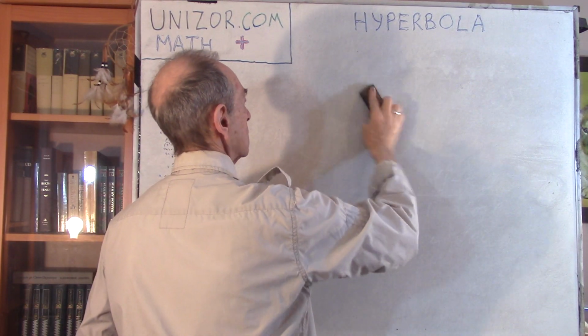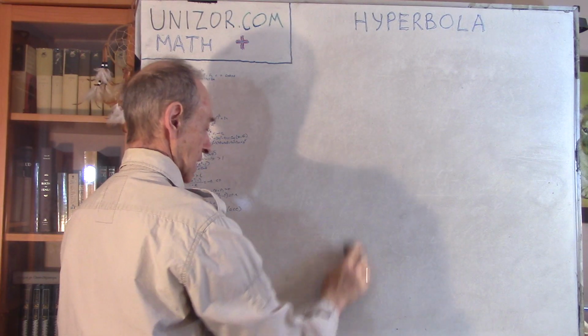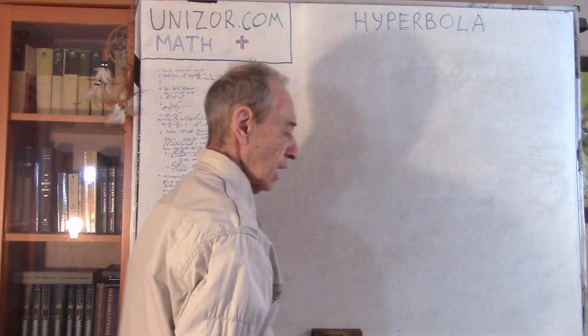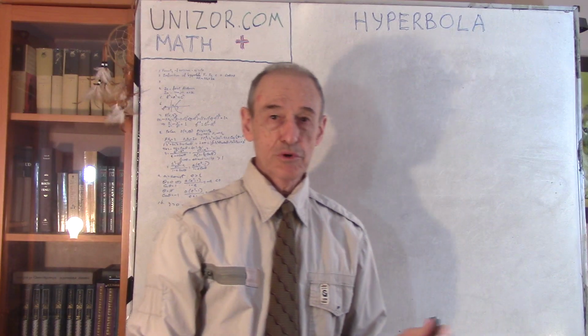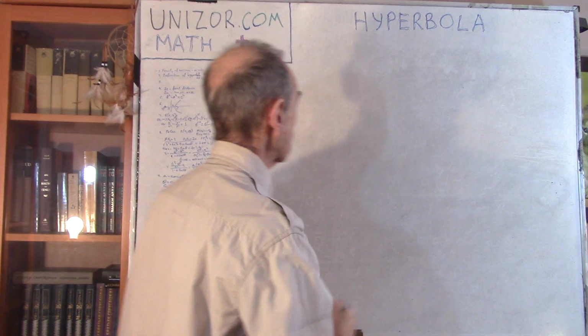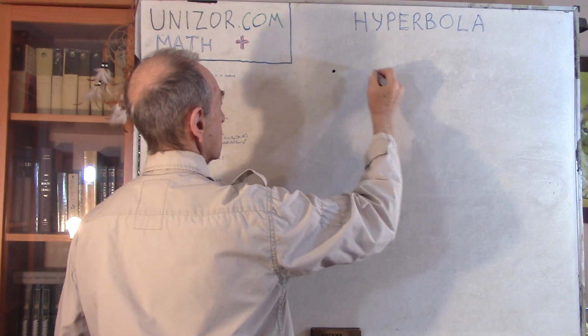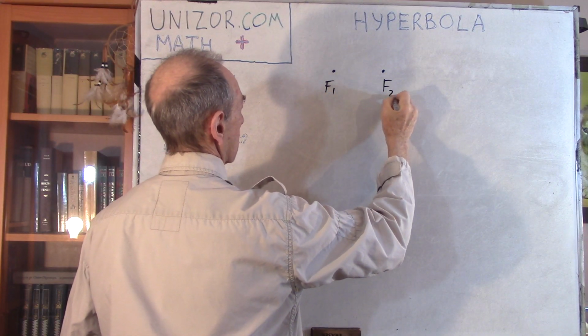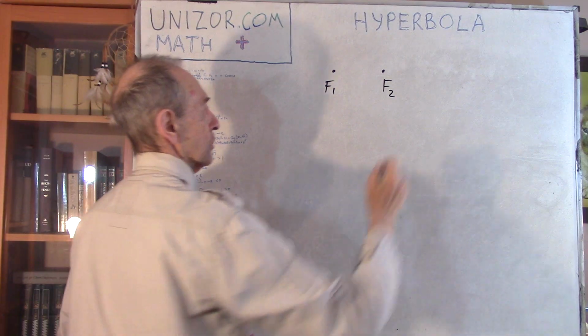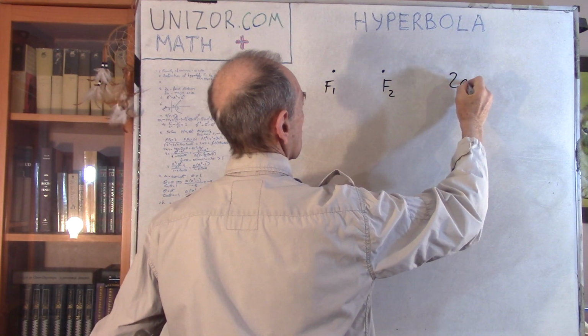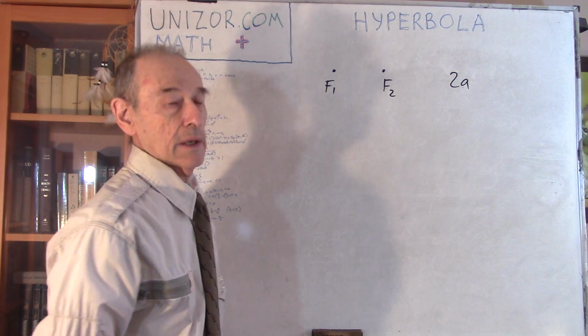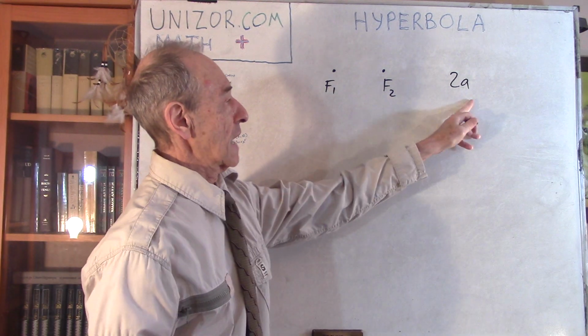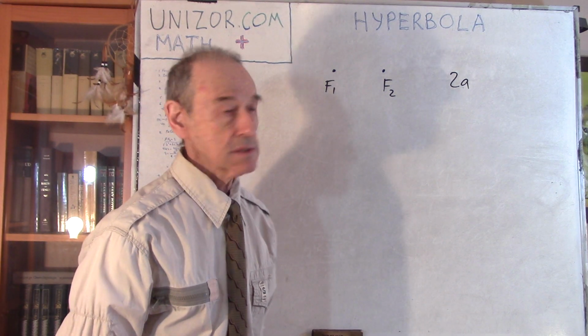First of all, we need to define what a hyperbola is. Back to the ellipse, you remember that we had two foci, two focal points, F1 and F2. We also have something which we call the major axis, so a is the semi-major axis.